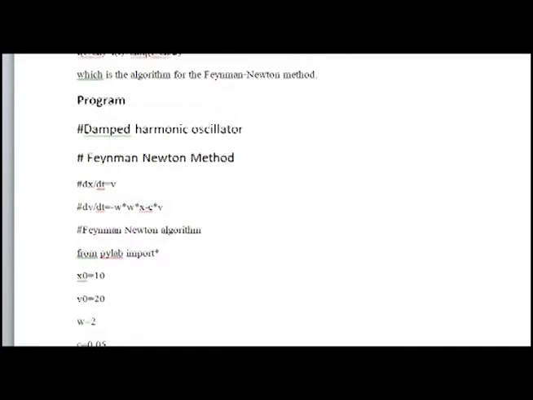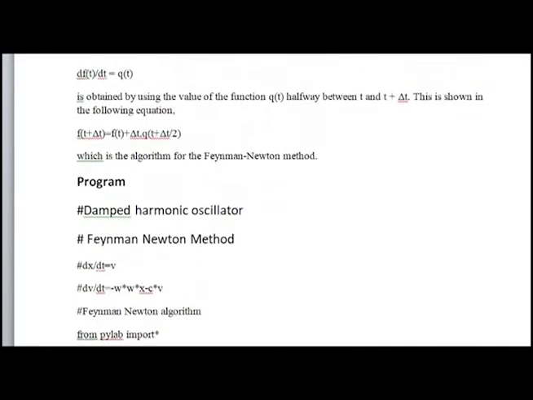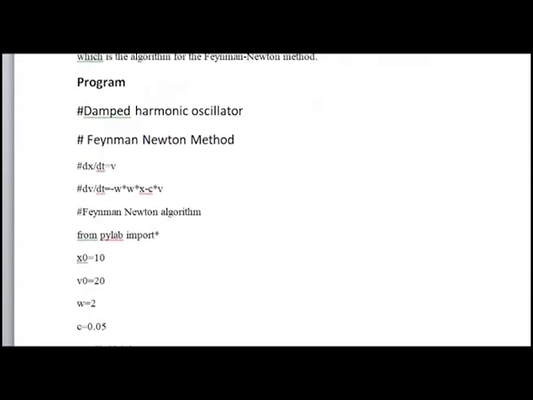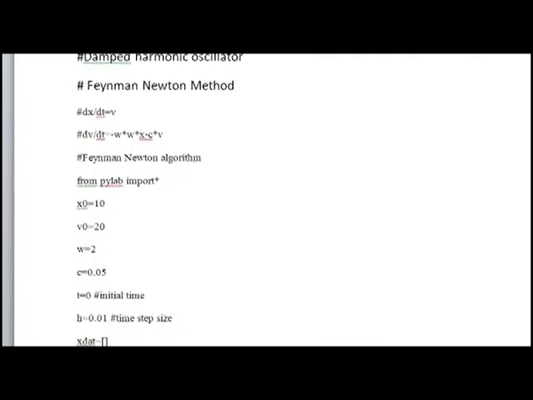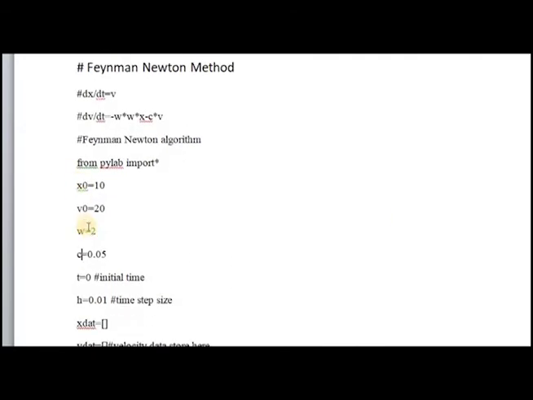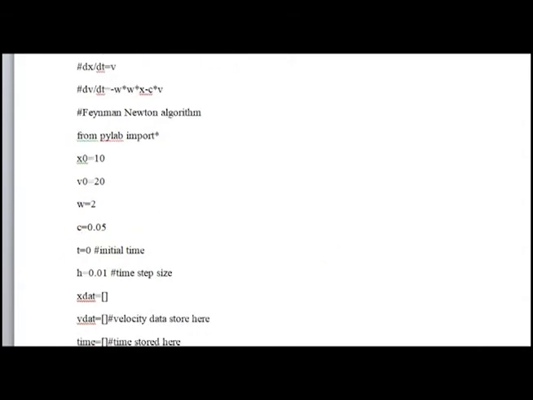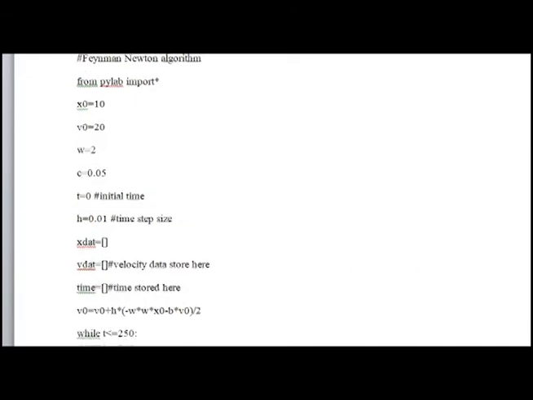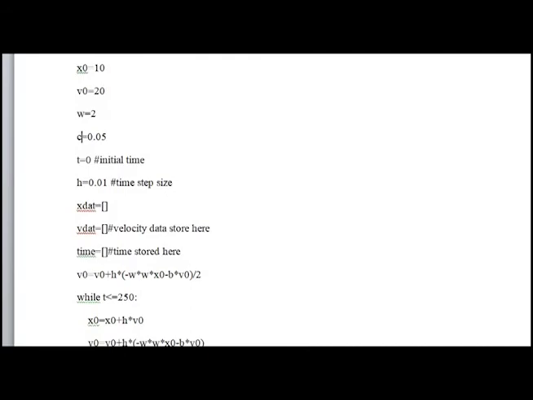So you can try writing an algorithm for this. The repetition of the program itself is the algorithm. From pylab import star, I have given the initial values for position, velocity, omega, and I have given the damping constant to be 0.05, and the initial time and step size h equal to 0.01.